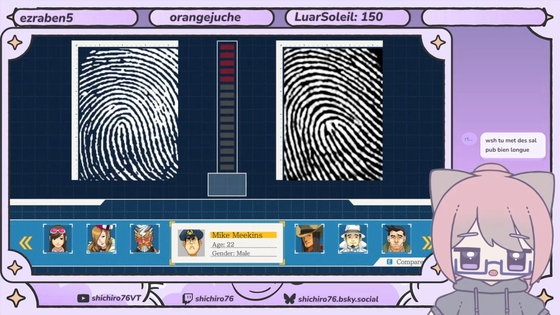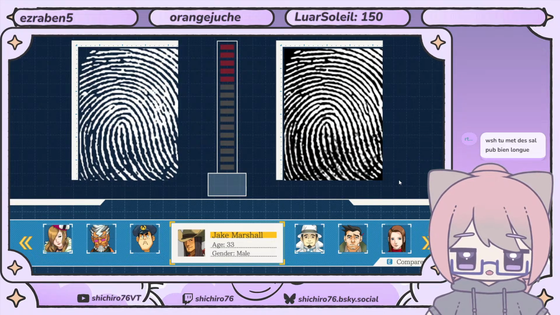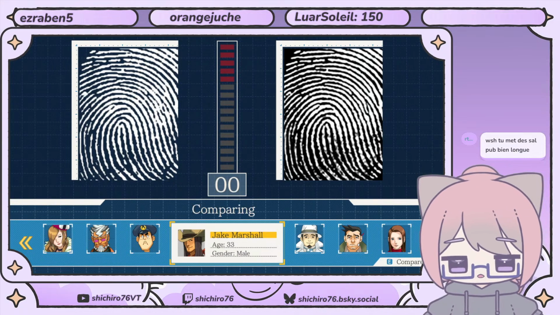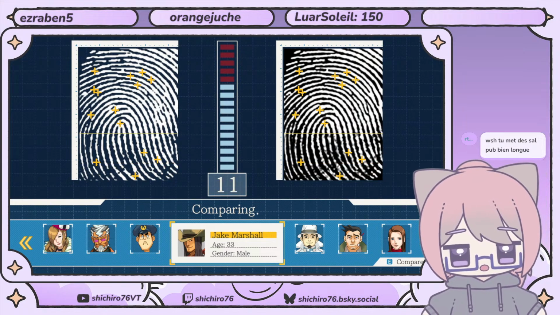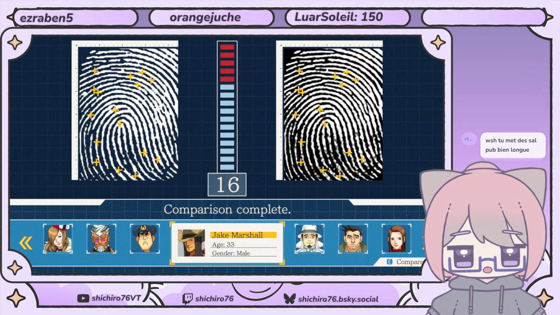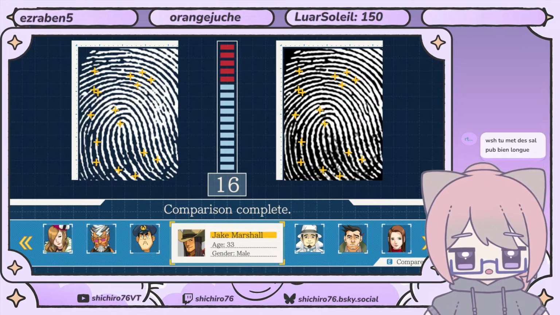Could say it looks the same but mirrored. This is so messed up. Oh! Jake Marshall! Well, he does work just in the room next door. Why did he have bloody hands in the evidence room?